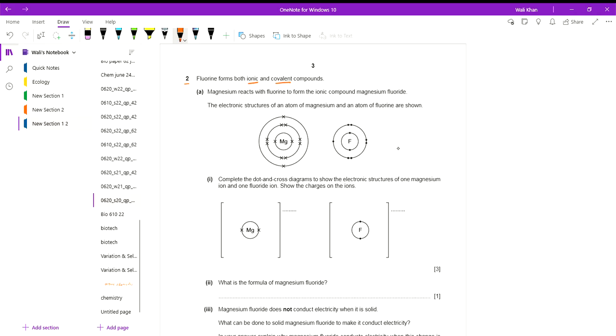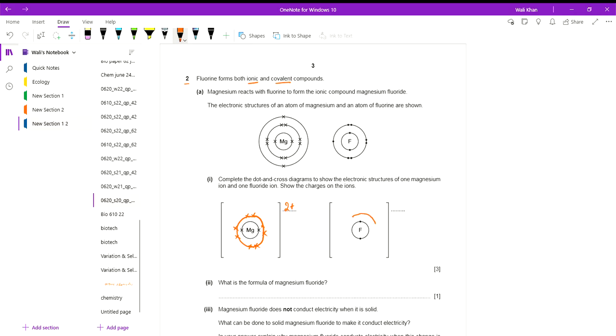आपने इसमें एक तो structure को complete करना है और next आपने charges को show करना है. तो इसकी आउटर शेल में हम 8 इलेक्ट्रॉन्स शो करेंगे. फिर 2 इलेक्ट्रॉन्स, ये वाले जो 2 इलेक्ट्रॉन्स हैं, it is shared with the fluoride. और फ्लोरीन के पास 1 2 3 4 5 6 7 थे. ठीक है.